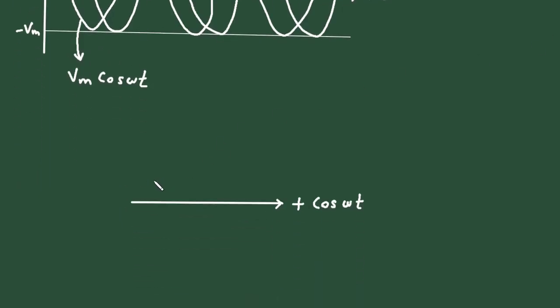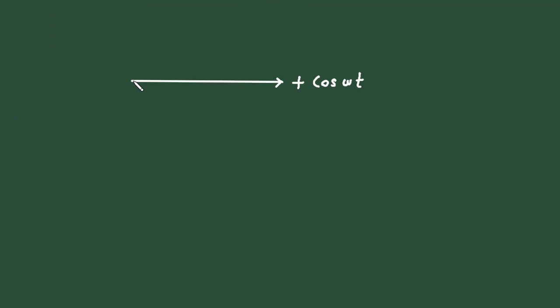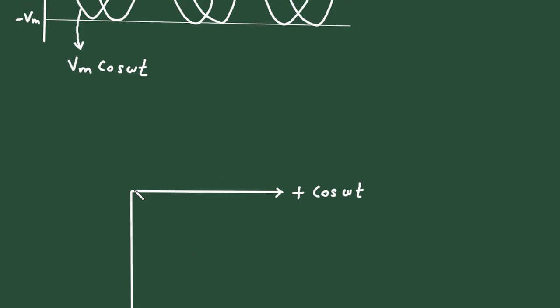And the difference between these two, sine and cosine, is 90 degree. So it will be in this direction. So this is plus sine omega t. So this will be minus sine omega t and this will be minus cos omega t.